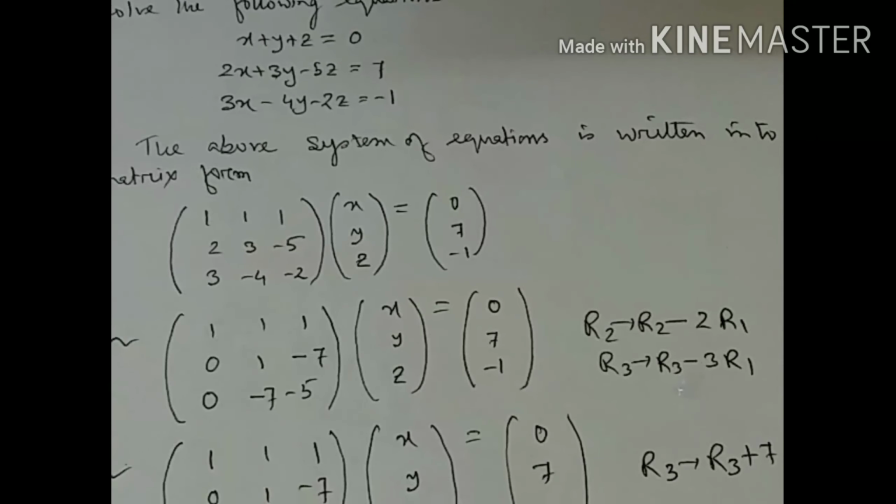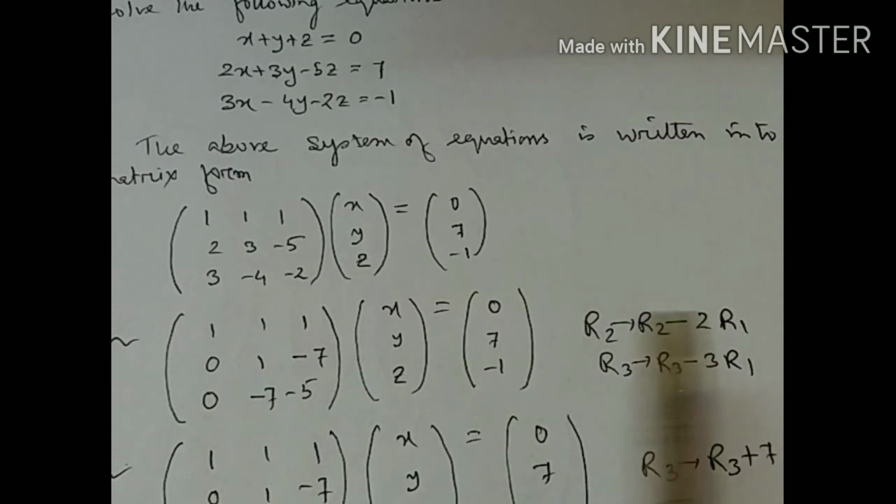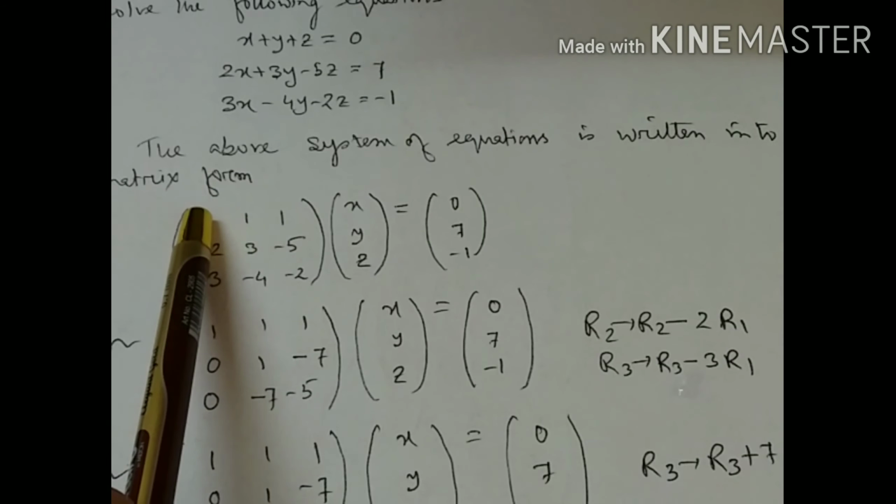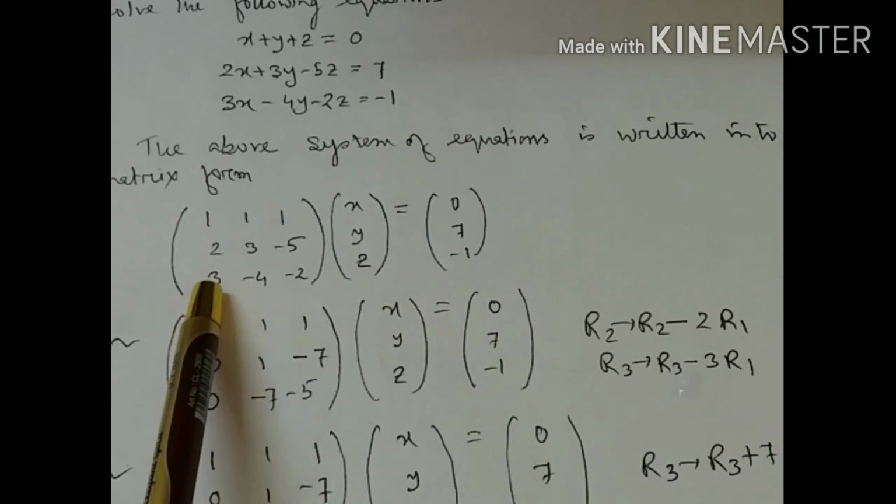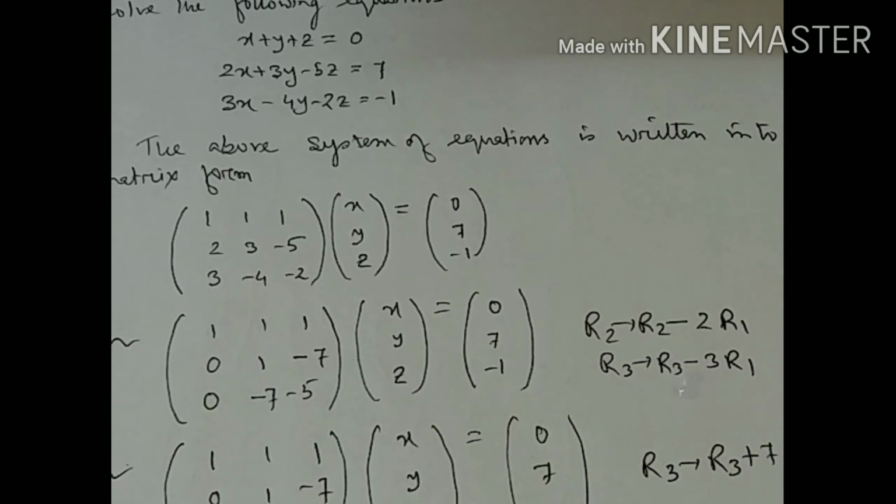So first we are doing R2 minus 2R1, because 2 minus 2 equals 0, and 3 minus 3 into R1 becomes 0. So we have to make most elements 0.